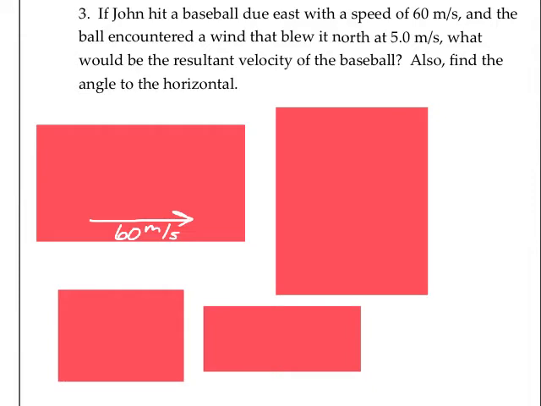The tip to tail or head to tail method's a little bit easier, I think, so I'm just going to use that one in the examples. So my second vector, it's not quite as big, okay, and it's pointing north, and it was 5.0 meters per second. Okay, didn't show up very well.